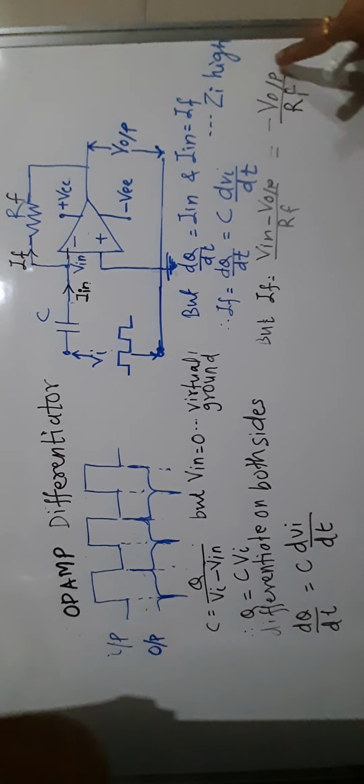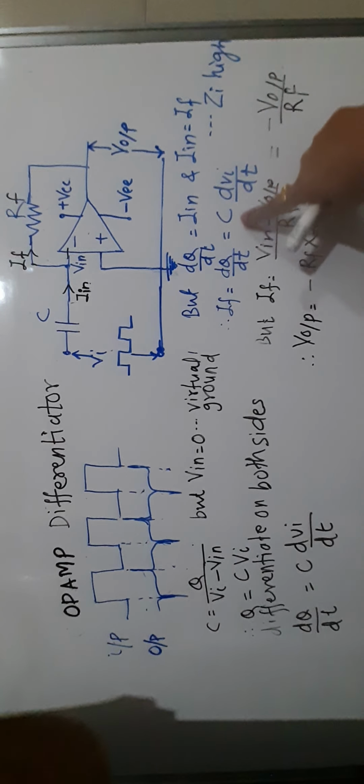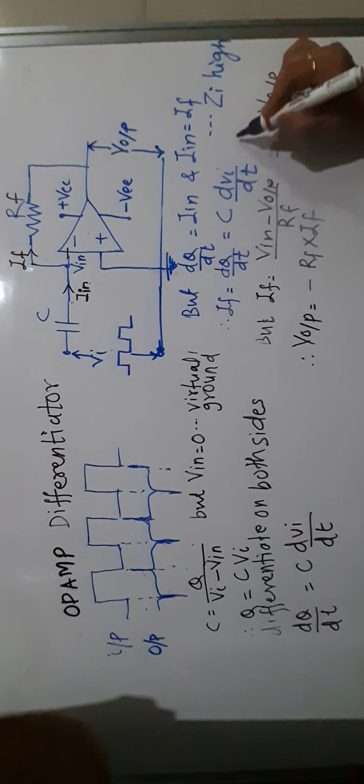We want an expression for output voltage, so we can write Voutput equal to minus of RF into If. And what is If? If equal to C dVi by dt.